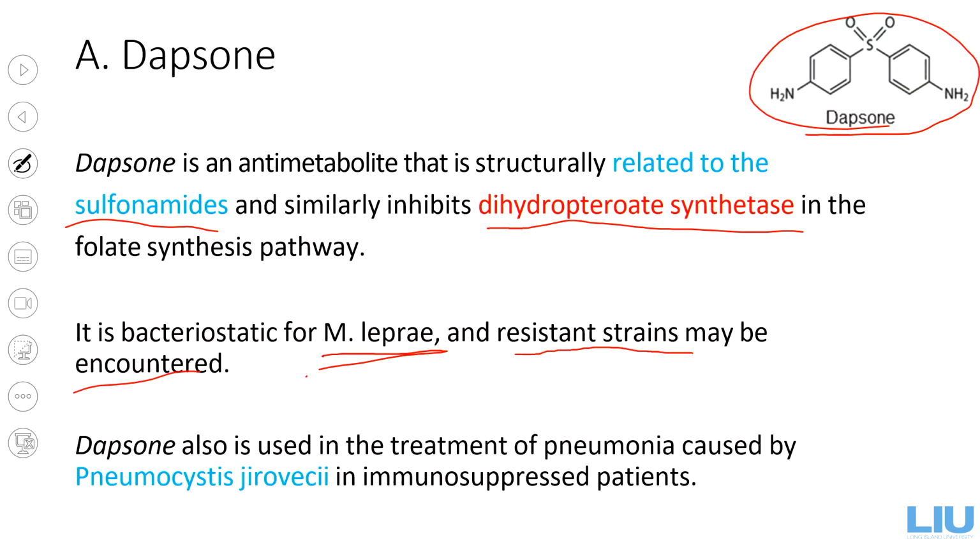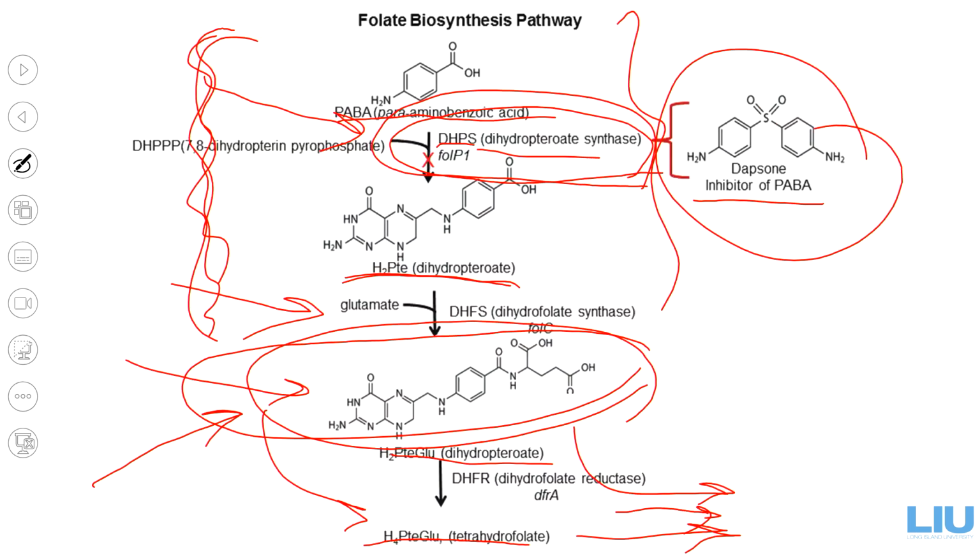If you want to guess how resistance would develop: mutations to this enzyme, or maybe overexpression of this enzyme. It's also used in treatment of pneumonia caused by Pneumocystis jirovecii in immunocompromised patients. This is a spectrum of activity, but we won't have to memorize it. So that's the mechanism of action.